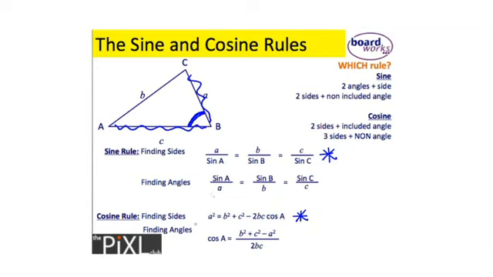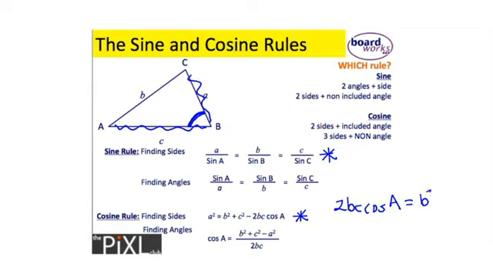You can see here that the cosine rule given in the formula sheet has been rearranged so that cos A is on its own. If we add our term at the end here, 2bc cos a, to the right-hand side and subtract our a squared, we're given 2bc cos a. So we are adding it and we're subtracting our a squared.